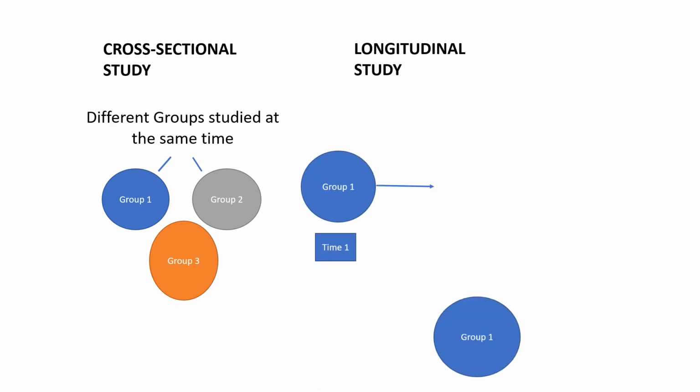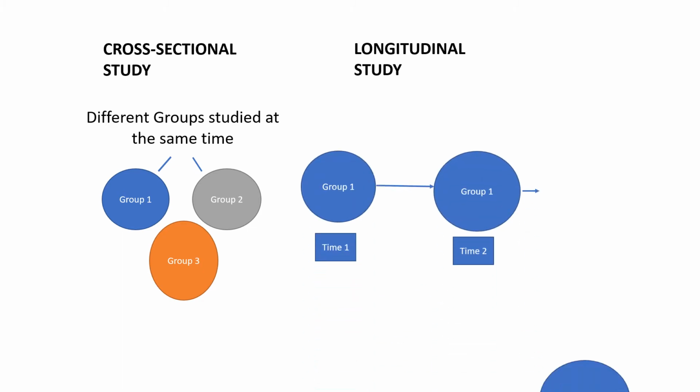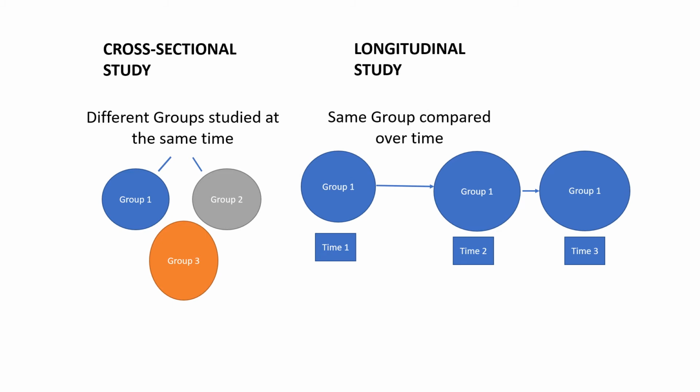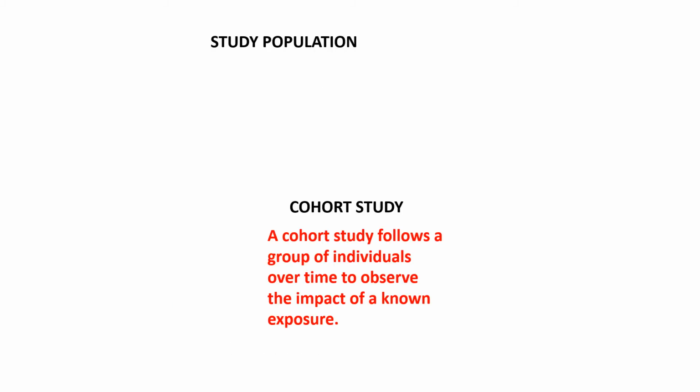A longitudinal study is about studying the same group over a much longer time frame. Now let us look at the cohort study and get an understanding of it. A cohort study follows a group of individuals over time to observe the impact of a known exposure.